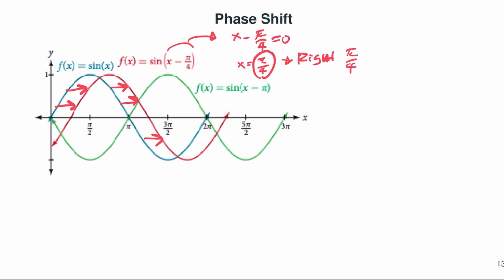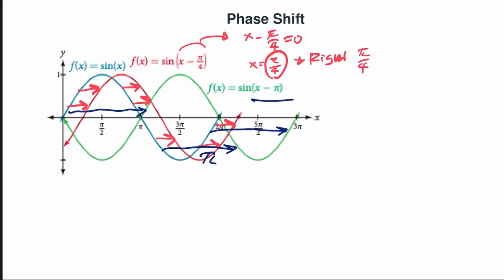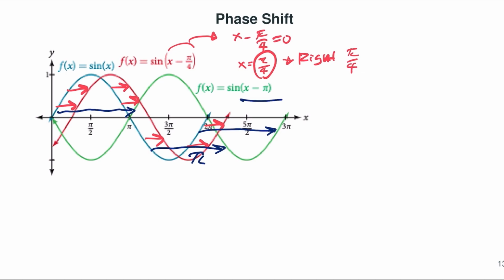And we get this red graph, pi over 4. And the green graph, we move pi, excuse me, just pi amount. So the entire blue graph moves pi amount to the right. Then we get the phase shift.